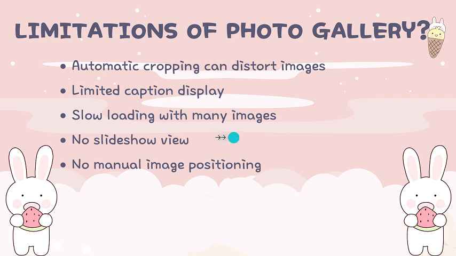It doesn't display over the text or when you hover on the image. Then slow loading with many images. Depending on how many images you have there, your website could load slowly. Then there's no slideshow view. You have to click on the image to be able to see the image. Then there's no manual image positioning.